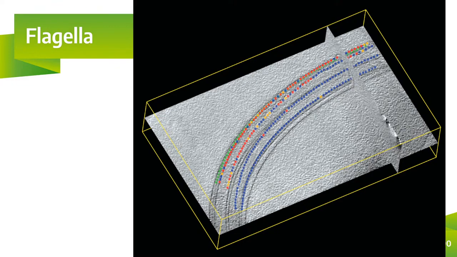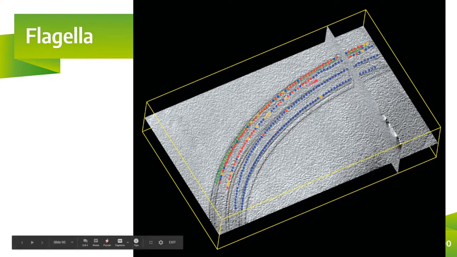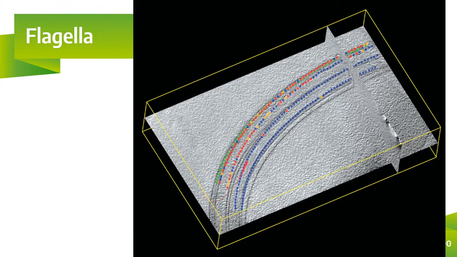And what they found is very interesting, because what you can see here as blue dots and red dots and green dots are different conformations of the dynein between the microtubules. So only in one area are they in the power stroke formation, and in the other they are in the relaxed conformation.